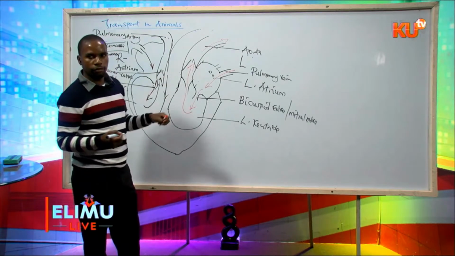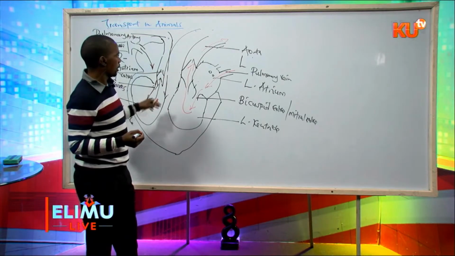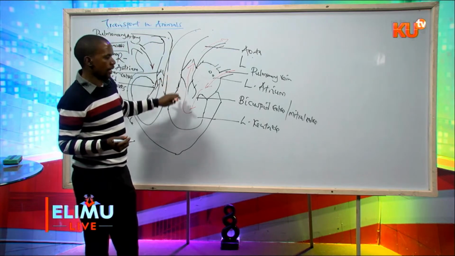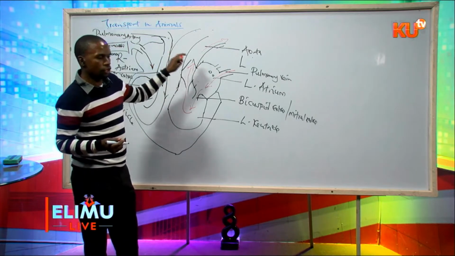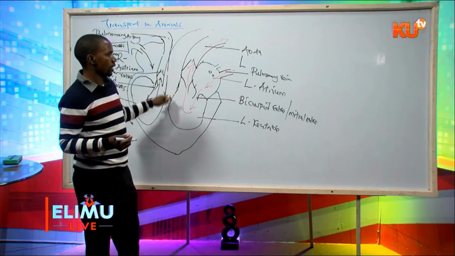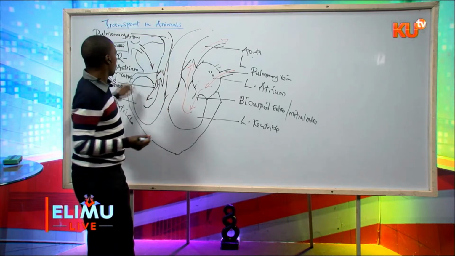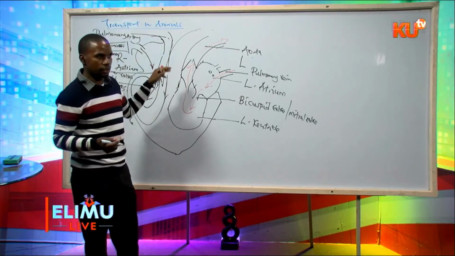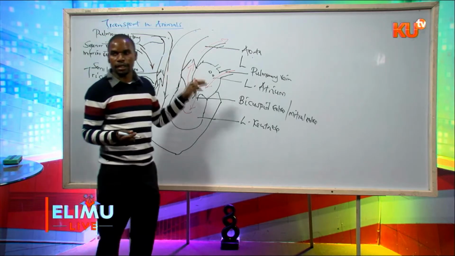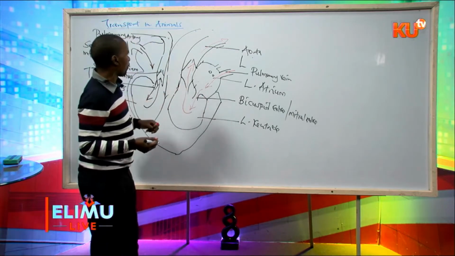We also have systemic circulation. That's where blood is moving from the heart through the aorta and to the rest of the body and back to the heart through the vena cava, that is both the superior and the inferior vena cava.